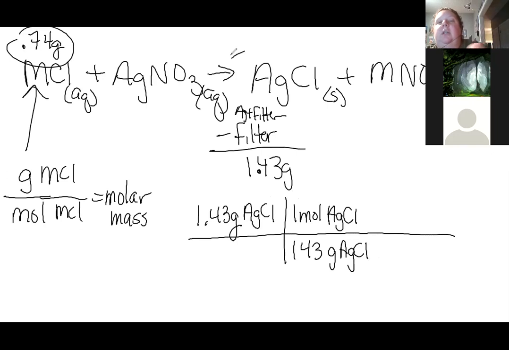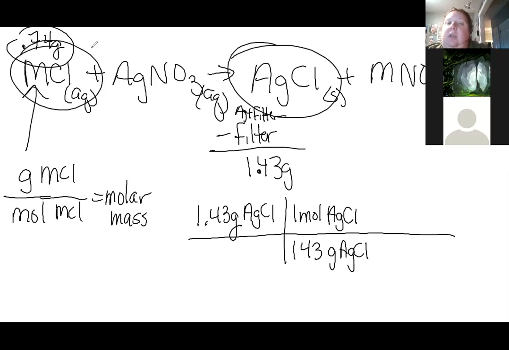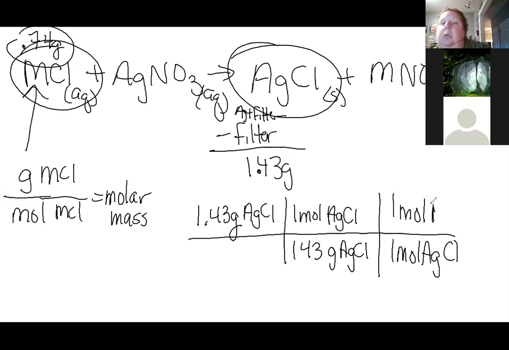And then I can do my mole ratio, and say, well, 1 mole of AgCl is formed from every 1 mole of our mystery chloride. And since this is a multiple choice question, technically no calculator. So 1.43 divided by 143 is 0.01.